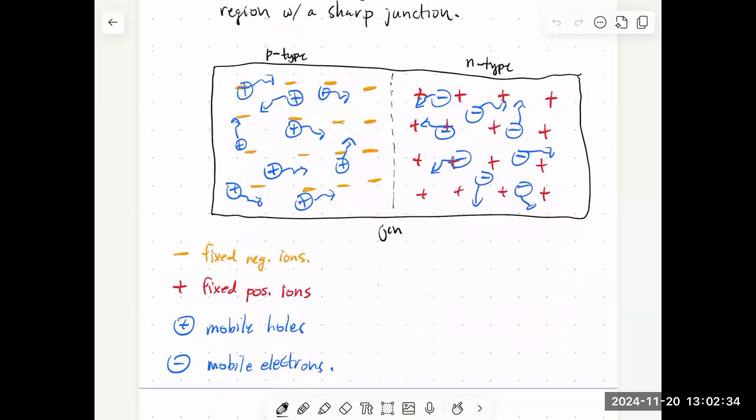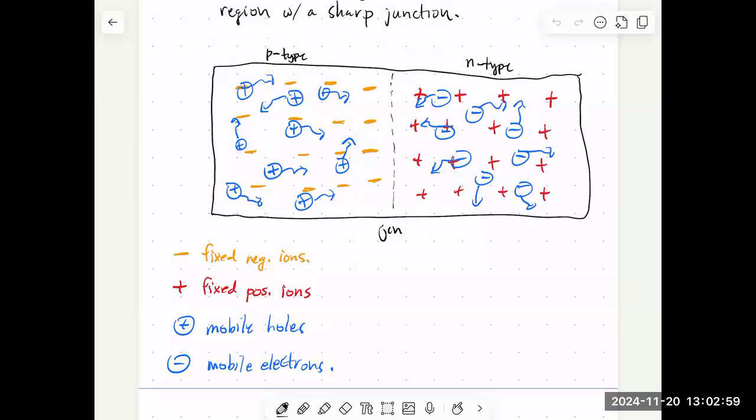So what happens is near this junction, the mobile electrons approach the junction, and they find these mobile holes, and they cancel each other out. And so we have this region where we don't have any of the mobile charge, but the fixed ions on either side of the junction are stuck in place.